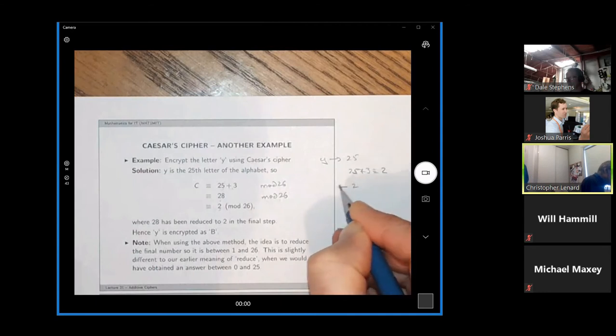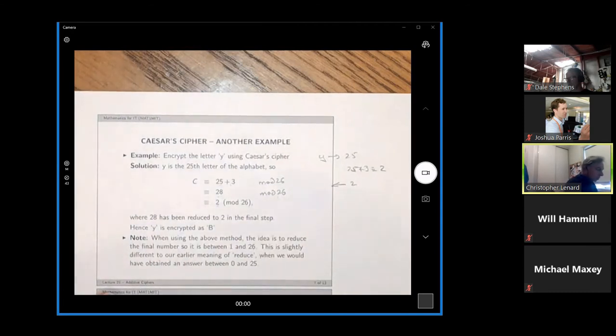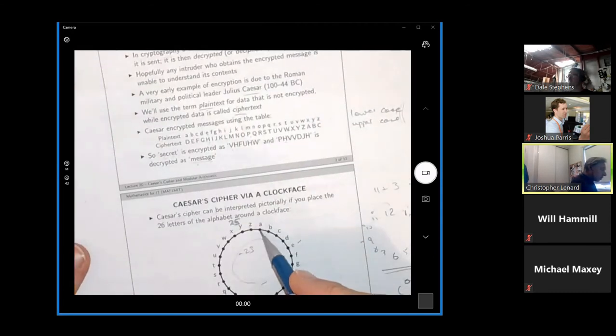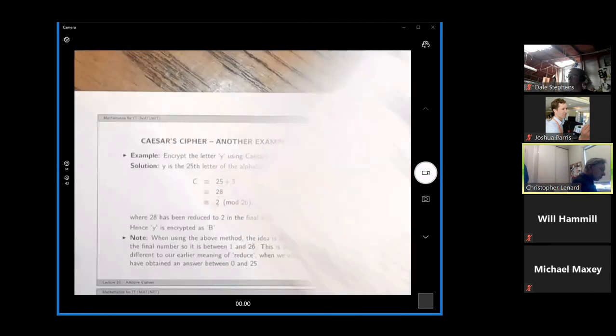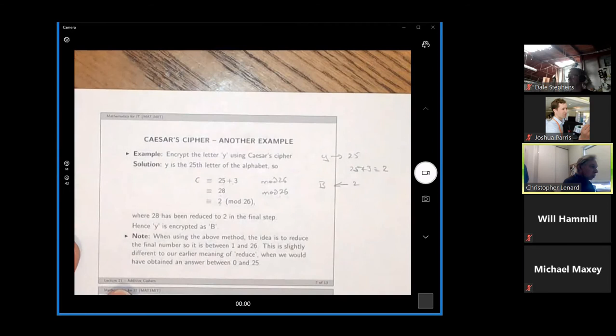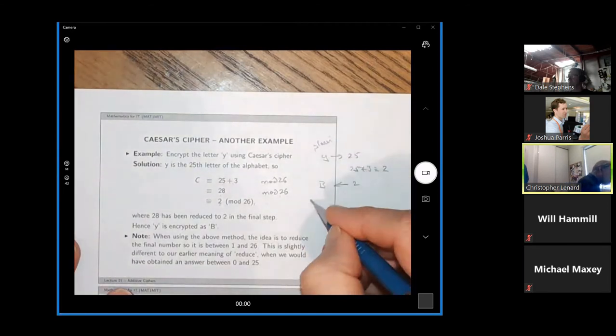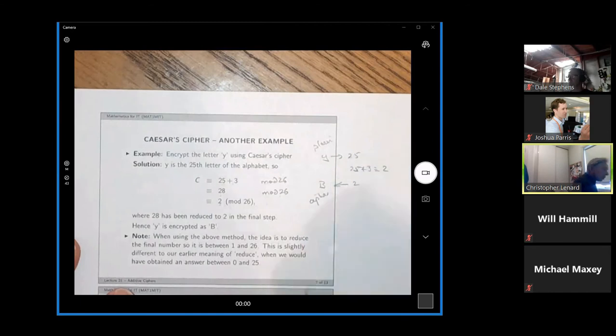What's 2 in the alphabet system? Well, the first letter is A, the second letter is B. So just remember that we use capitals for the ciphertext character, and lowercase for the plain text.